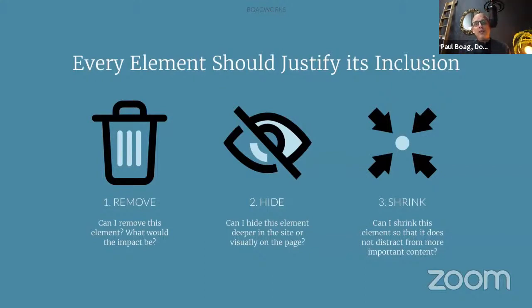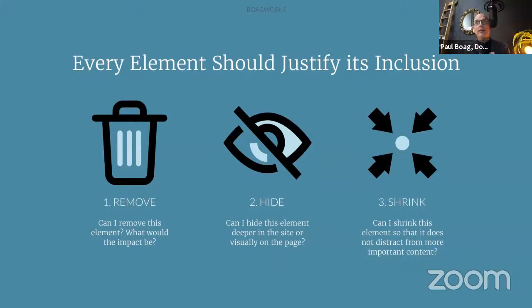All those social media buttons, get rid of them because they're just distracting from your primary calls to action. That happy text that welcomes you to the site, get rid of it. It's just increasing cognitive load. It's another thing for people to process. If you really can't get rid of it, can you hide it? Can you put it deeper in the site or put it under an accordion or a tab to get it out of people's faces?